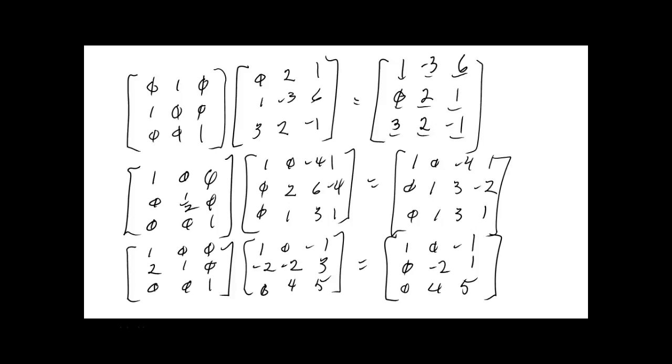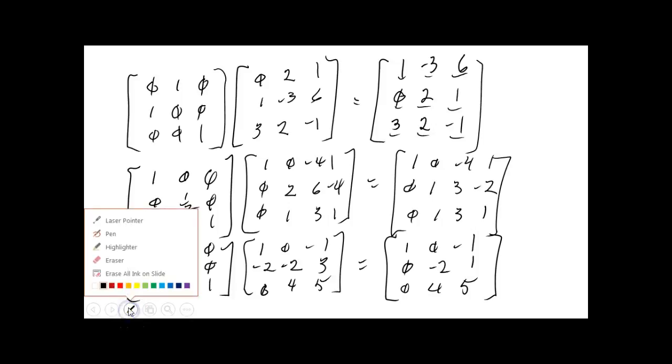Do I have time to write theorem 12.2? 3 minutes, okay. So let's clear this and do 12.2. Now it says, be sure to remember that in theorem 12.2, we multiply A on the left by an elementary matrix.